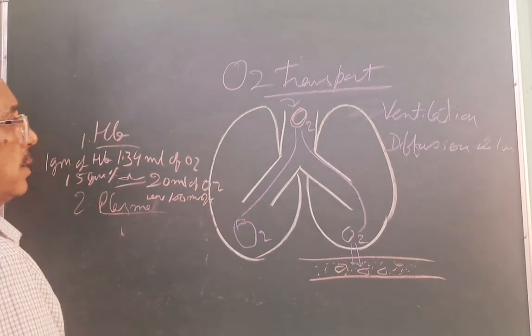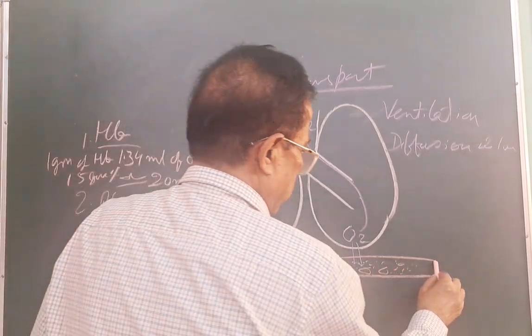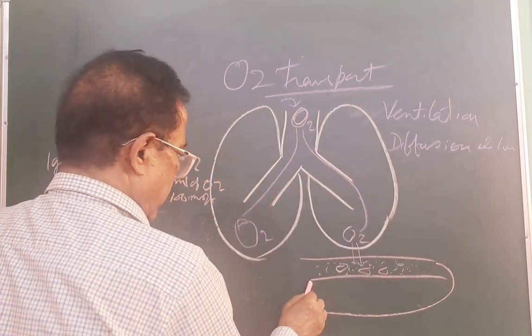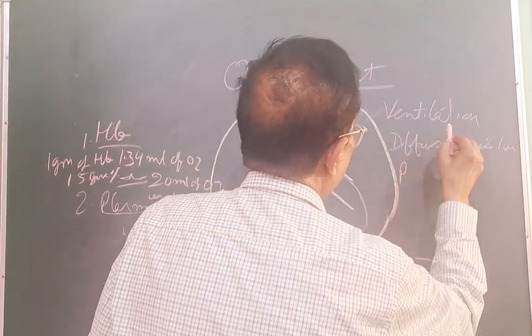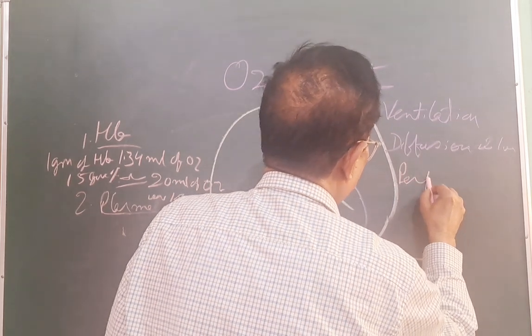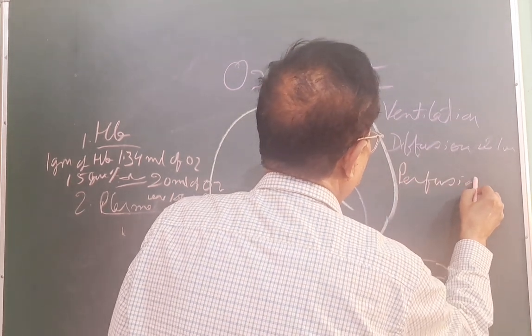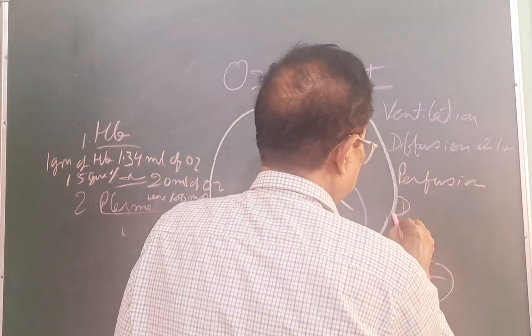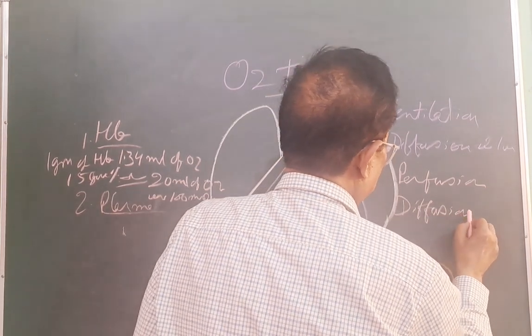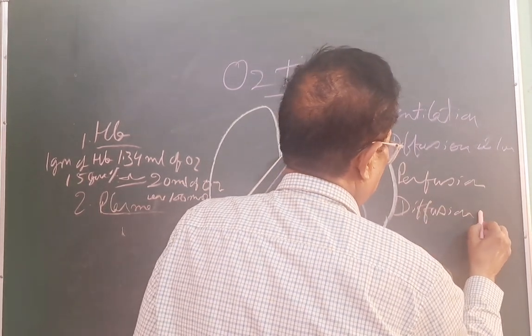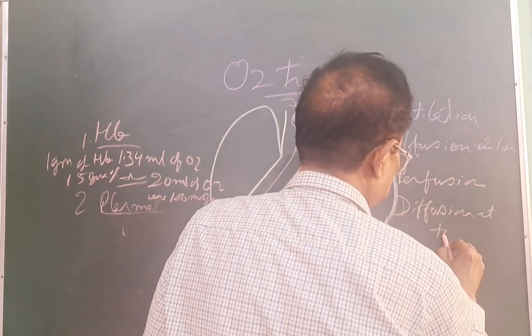This is the circulation, and the third stage is perfusion. Ventilation, diffusion, then perfusion. And last is diffusion at tissue level.